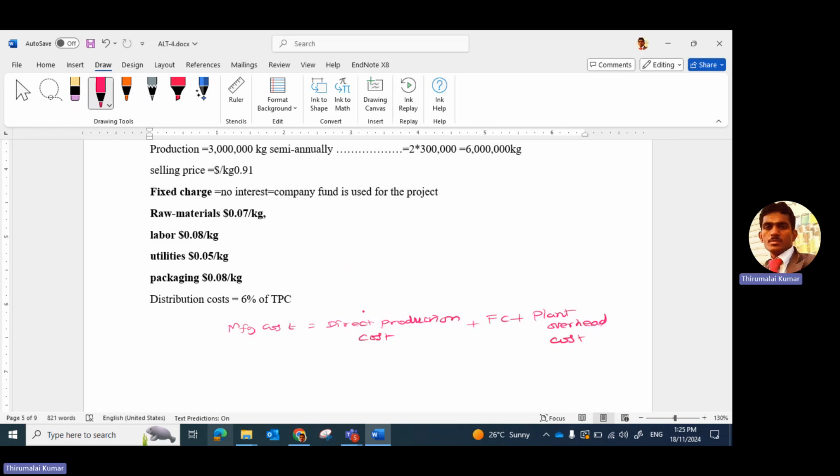So direct production, we have raw material, utility, operating labor, patent, royalty, everything coming under this category.